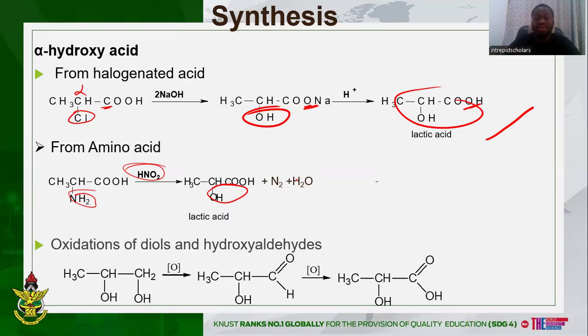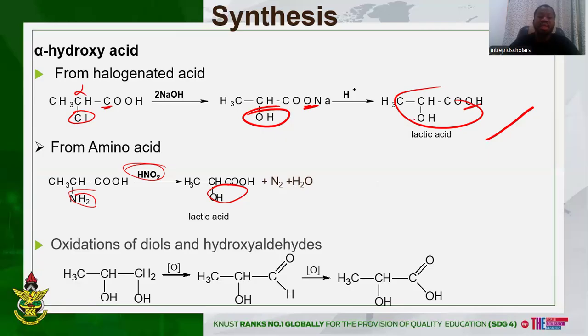Now the last method is oxidation of diol and hydroxy aldehydes. The two are the same thing, depending on where you are starting from. This particular pathway shows us when we are starting from a diol. So you take it from a diol to a hydroxyaldehyde, and then finally to your hydroxy acid. The oxidation that's happening here is mild oxidation, not drastic or strong oxidation.